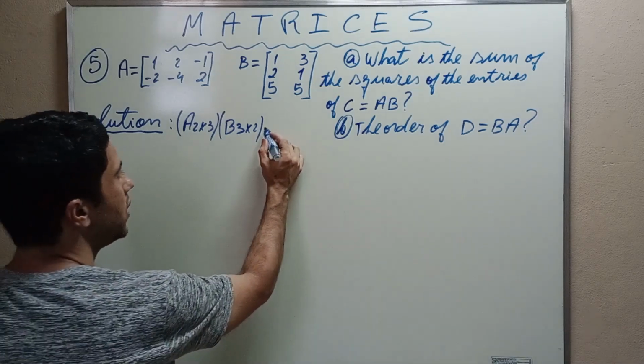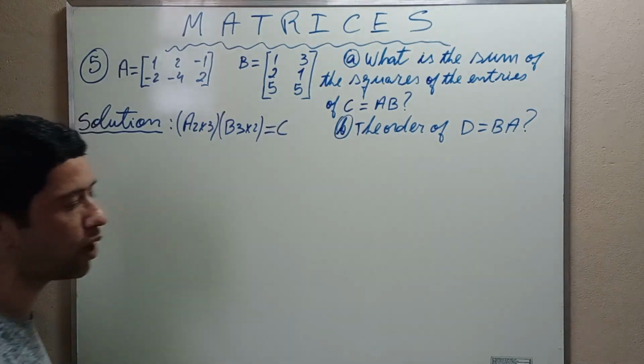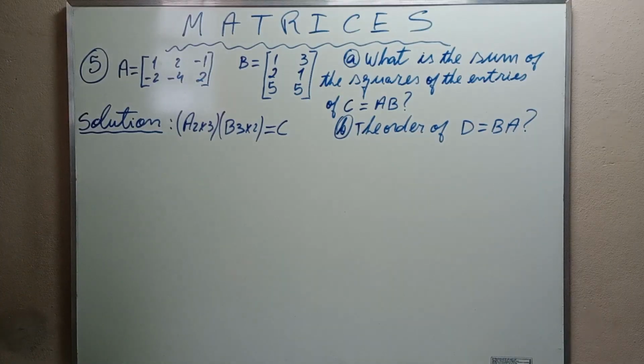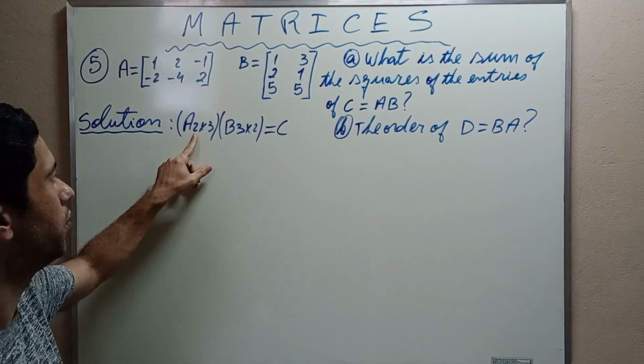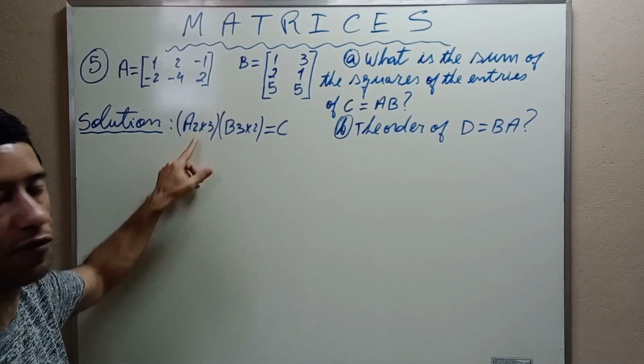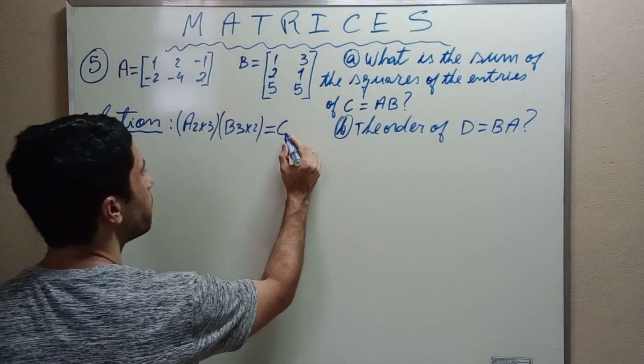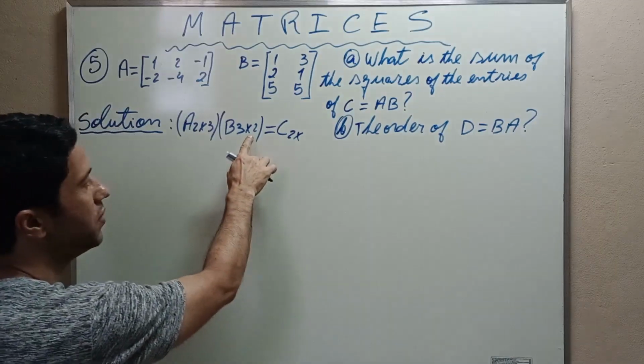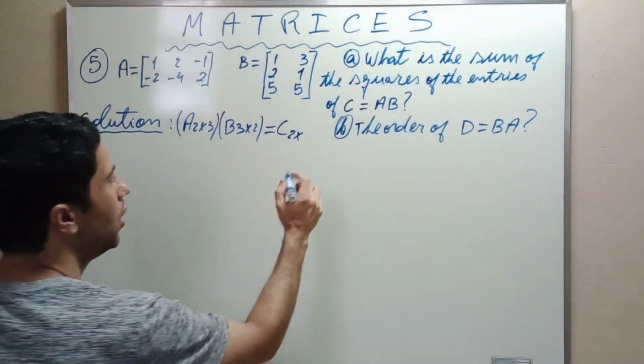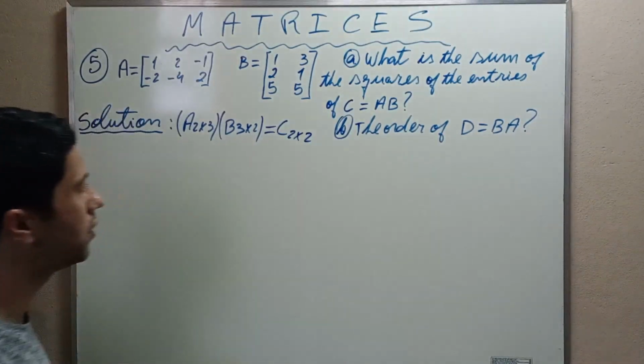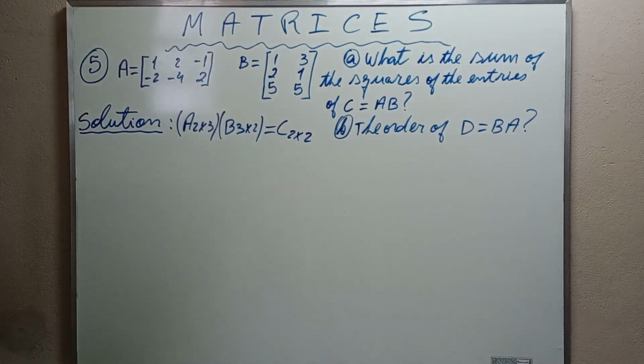Now that we know that this multiplication is possible, we have to inspect the order of C. C will have the same number of rows of the first matrix and the same number of columns of the second matrix, okay?